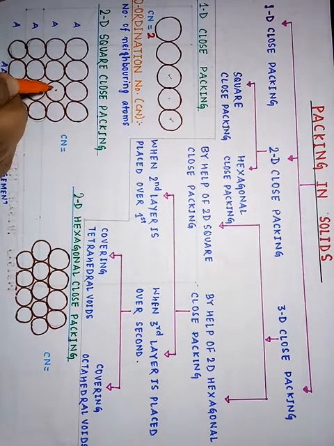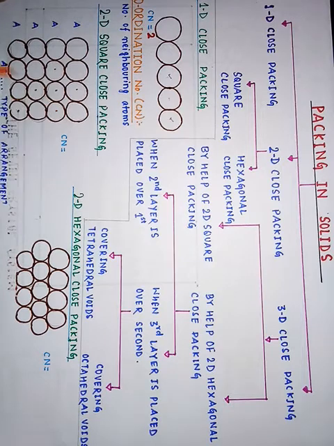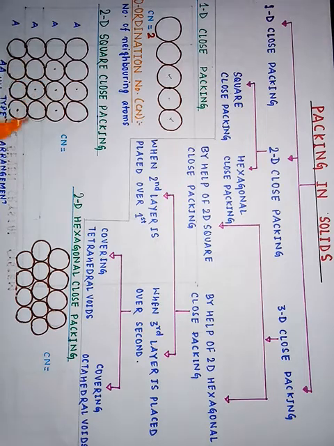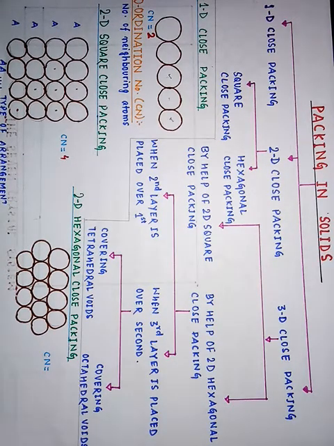It is in contact with this neighboring atom, this, second, third and fourth. So each atom is in contact with 4 atoms. You can pick any atom. If you pick this atom, it is in contact with 1, 2, 3 and 4. So the coordination number in 2-dimensional square close packing is 4.